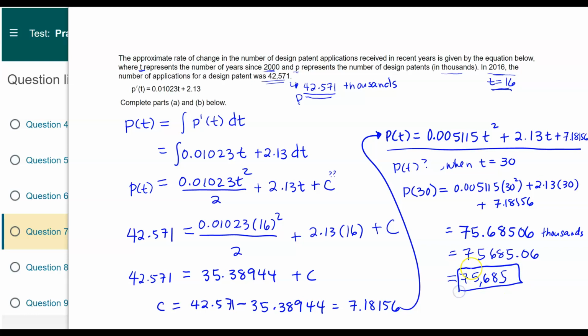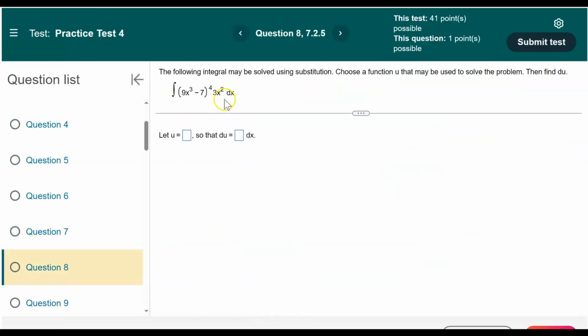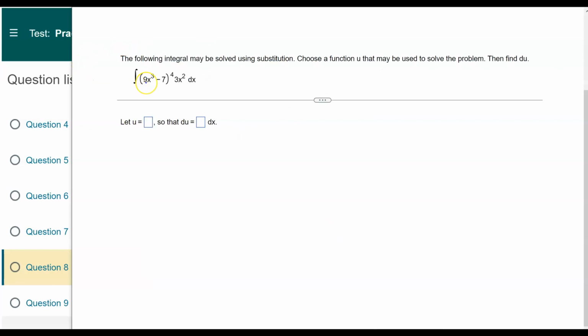Next number. We are to solve the following integral using substitution method. We are going to identify our u and what the du is. Now, upon examining this, if you recall the discussions in your module, the natural choice for u is the expression inside a parenthesis, the one that is being raised to a certain power.